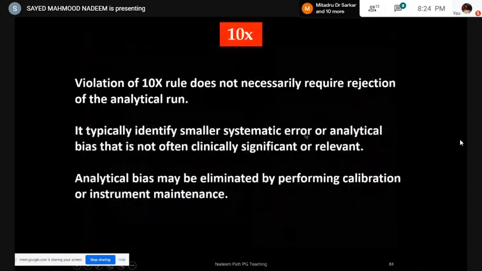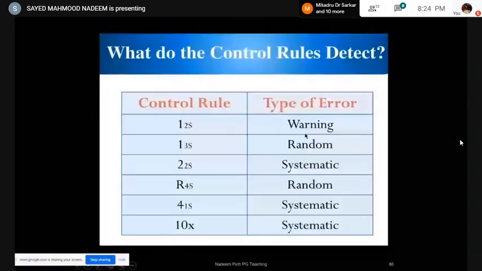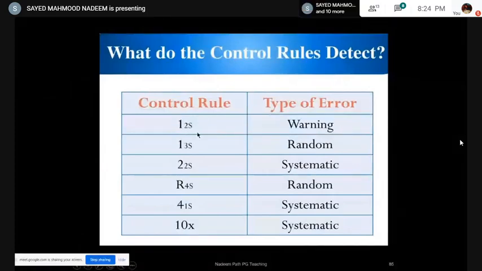Now let's come to what are these rules and what do they detect in a simplified manner. So 1-2S is a warning rule. If it is not accompanied by anything else, if you get 1-2S, you can release your report, do an internal checking for any corrective issues, but it is not going to affect your results. 1-3S is a random error and a rejection rule. 2-2S is a systematic error.